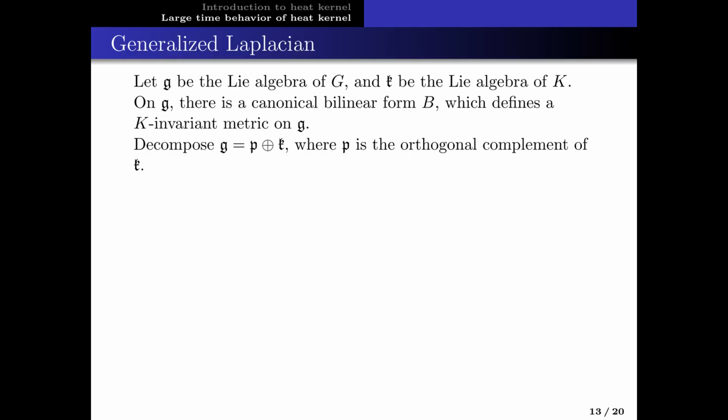Remember we have K as a subgroup of G, so inside the Lie algebra g we have a subspace k. Using this bilinear form, we can decompose our vector space into a direct sum of two subspaces: one is p, the other is k. p is usually referred to as the tangent space.